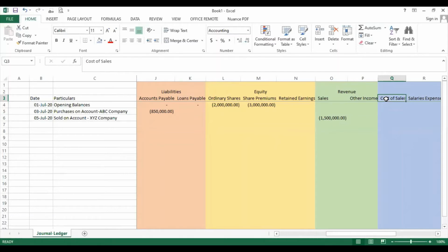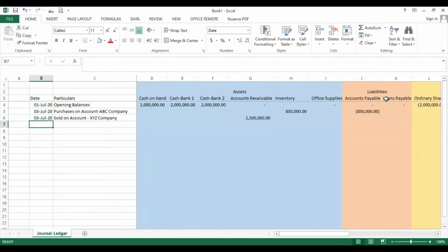Therefore, for every sales transaction, there must be a corresponding transfer of inventory to the cost of sales. Again, these are all just assumptions. So if the sales happen in July 5, cost of sales must also be recorded in July 5.